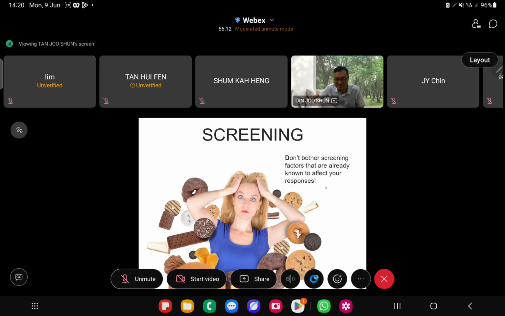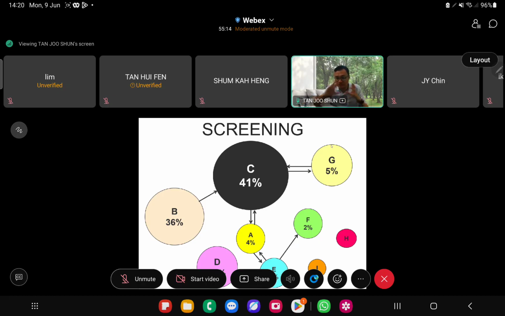Okay, so during the screening, when you do the two-level factorial design screening, there are some factors that contribute more to the output, the outcome, and there are some factors that, even though they have a positive effect, contribute very little.